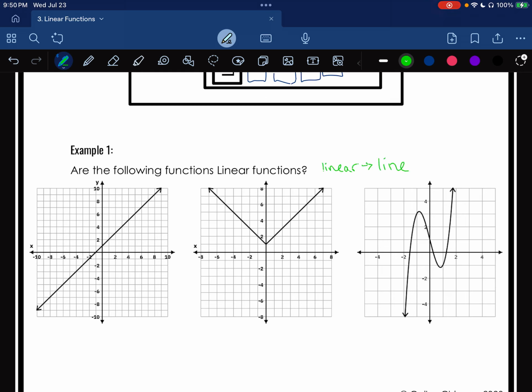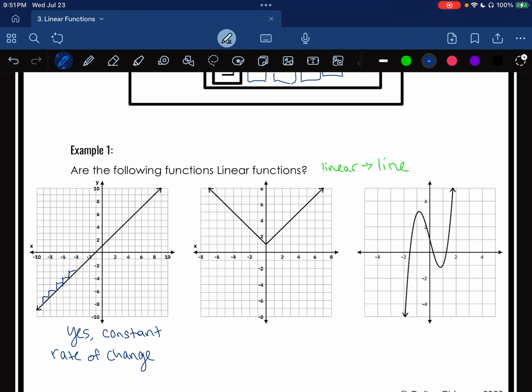This first one up here is looking good, so we say yes, constant rate of change, because you can see how it's going up and then over, and up and then over, the same amount each time.